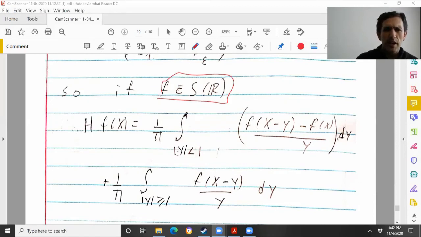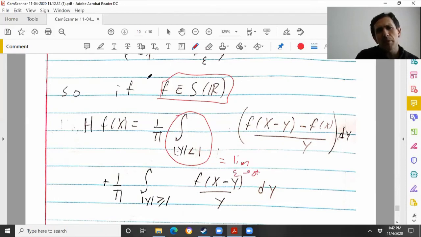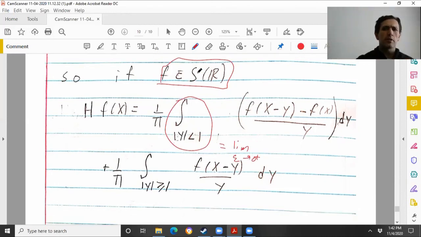Just take this integral here, separate from anything else. Just forget about anything we've done up to this point. We have these two well-defined improper Riemann integrals. No subtlety whatsoever in their definitions, because f is a Schwartz function.